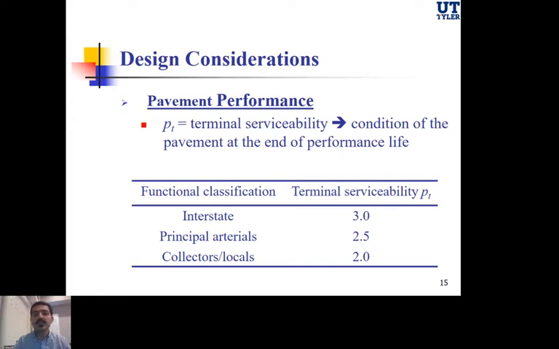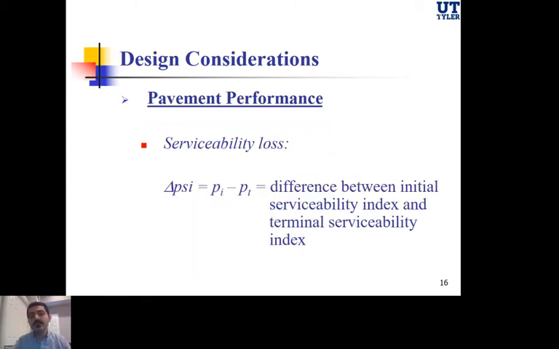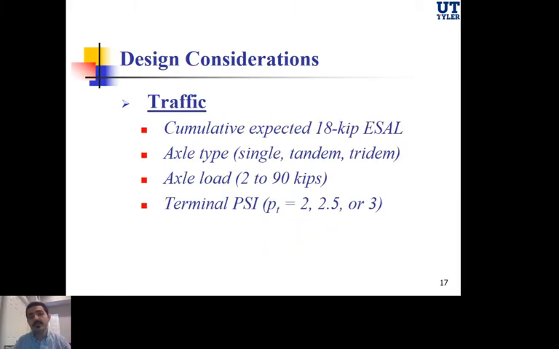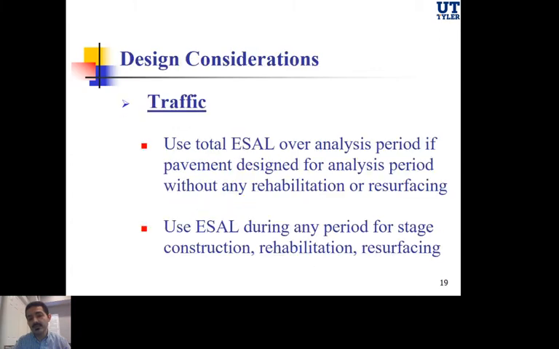If it's an interstate, we determine that the terminal serviceability equals 3. If it's all the way down to collector or local street, we consider it equal to 2.0. And then we define the serviceability loss, which is delta PSI, the difference between the initial serviceability and the terminal serviceability.